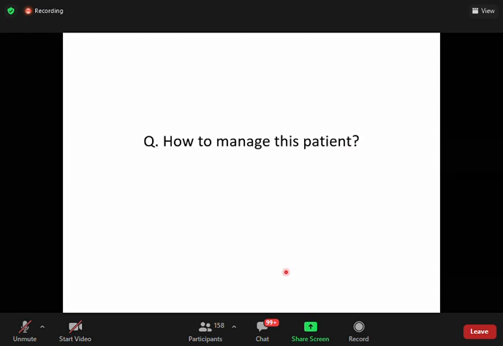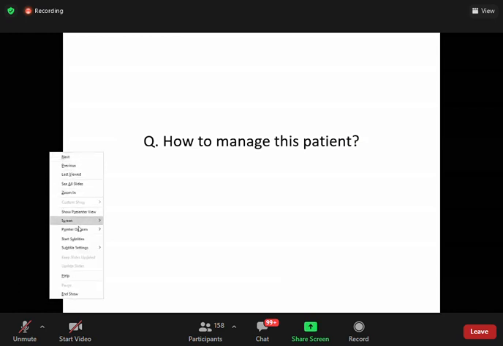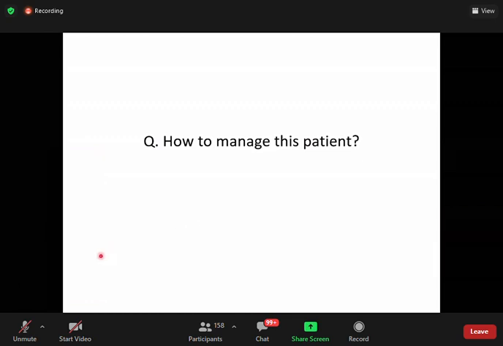How to manage this patient? Metronidazole, okay.